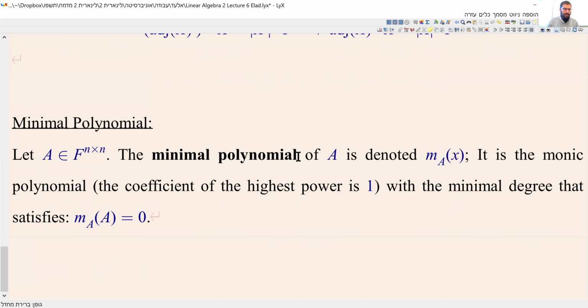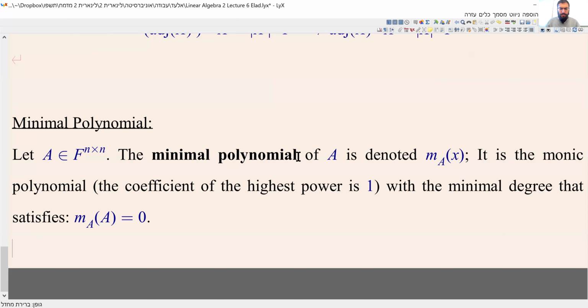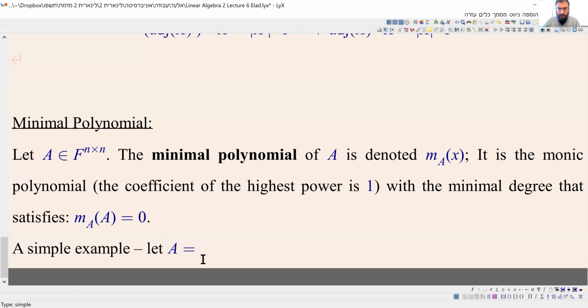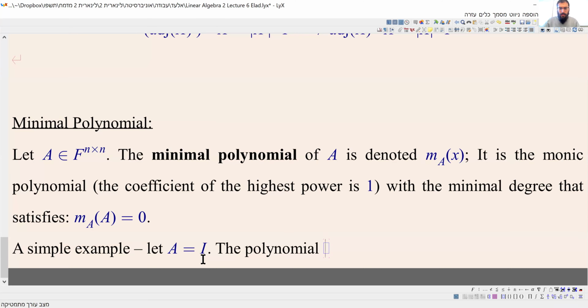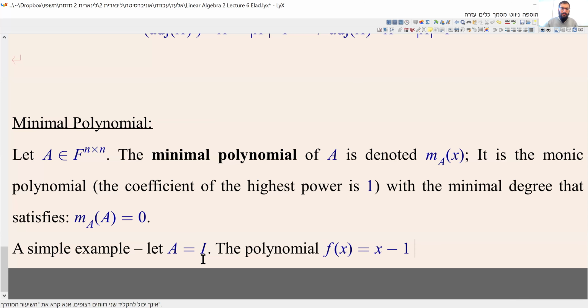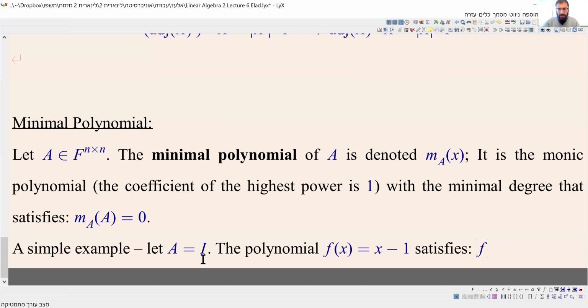we can take our break for a simple example. Simple example. Let A be I. The polynomial f(x) = x minus 1 satisfies that when you plug A in it, you get 0.